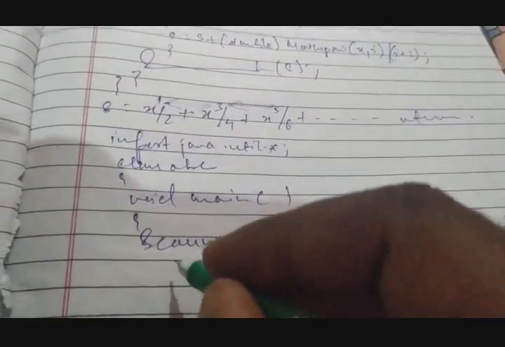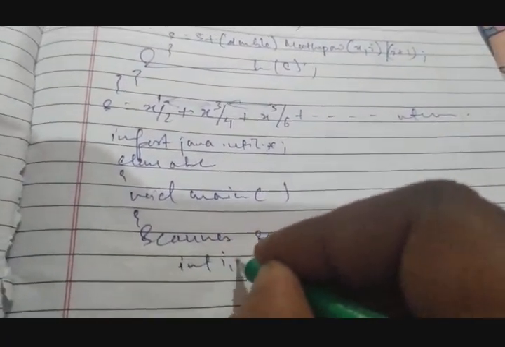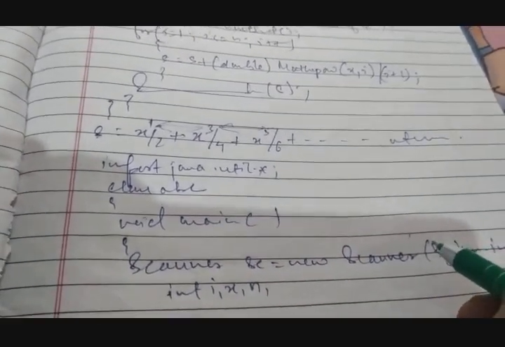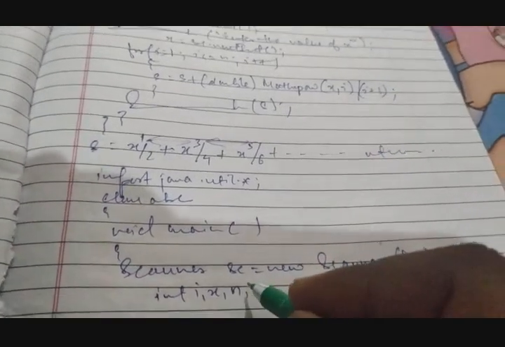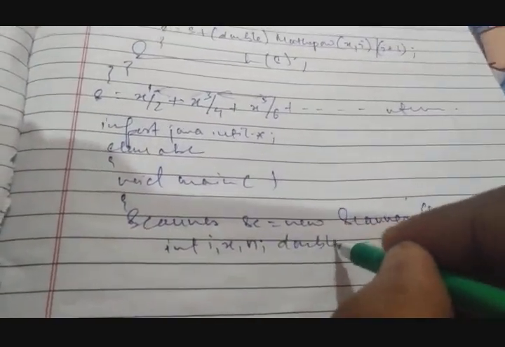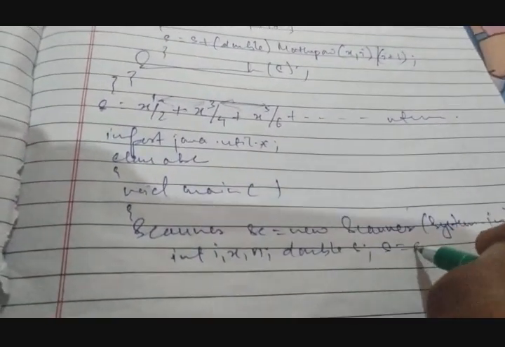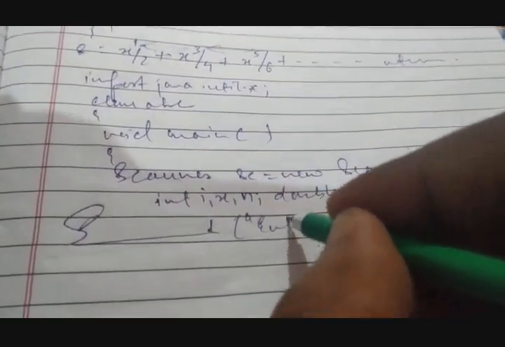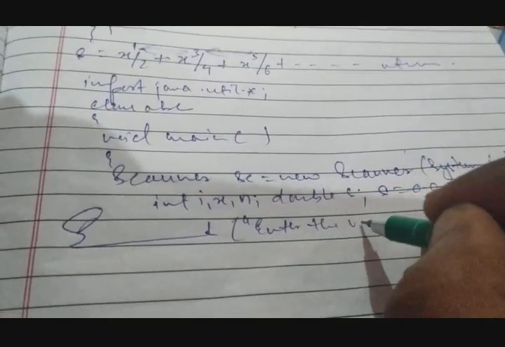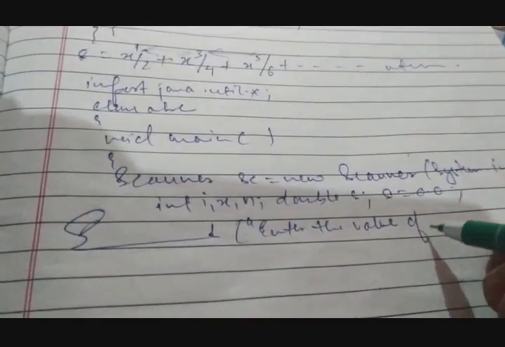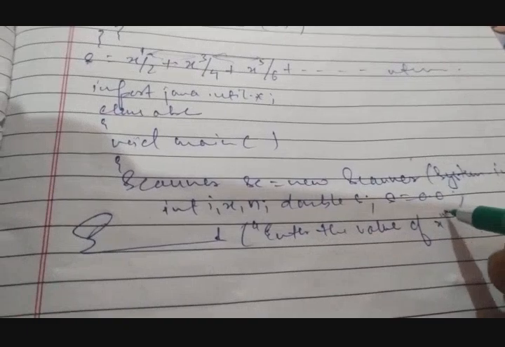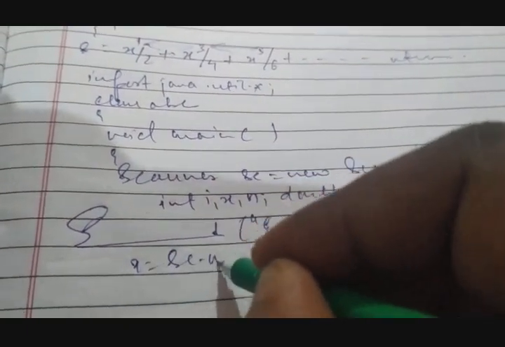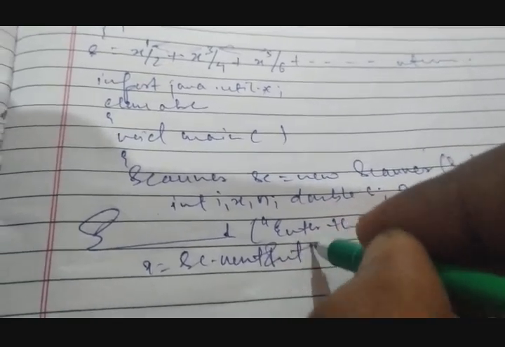So you require int i, x, n, and you require a double s equals to 0.0. Enter the value of x, x equals to sc dot nextInt method.